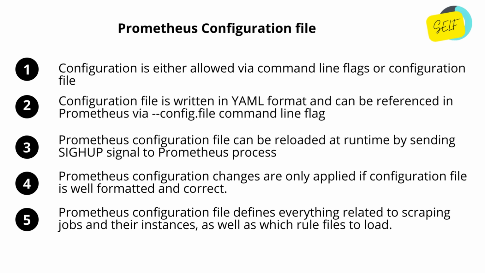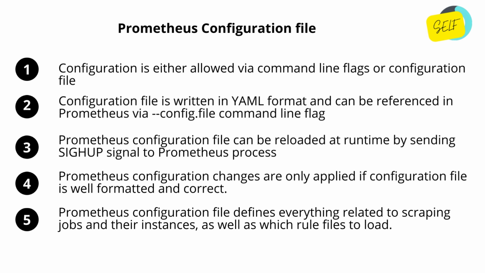The thing is, the attributes or parameters which are immutable to your Prometheus, let's say TSDB related parameters where you specify the TSDB storage path, retention and other parameters, or similar attributes which are immutable for Prometheus, those attributes are specified via command line flags. The parameters related to jobs, targets, scraping targets, and the alert rules, those configurations are specified via the configuration file.